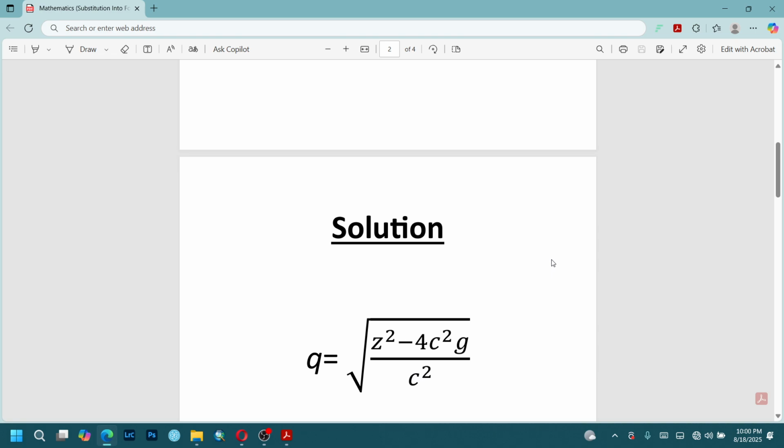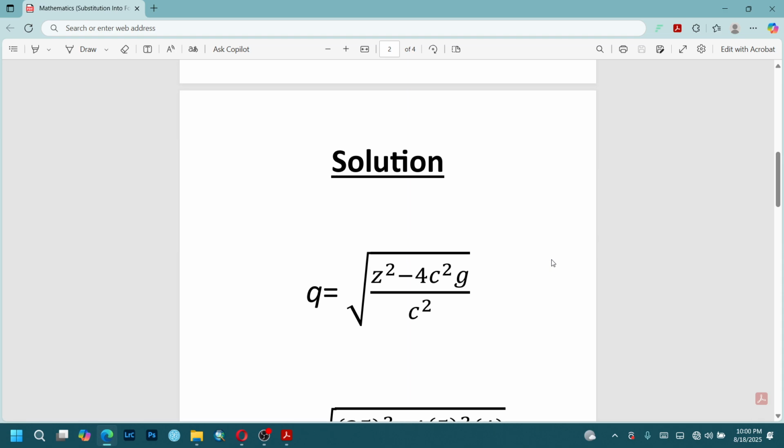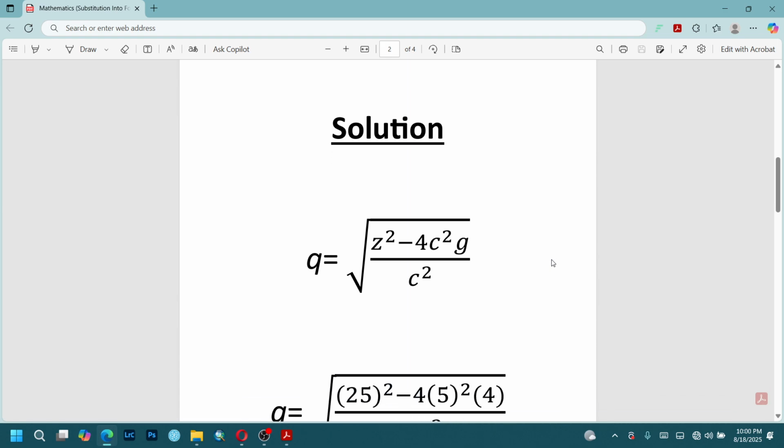So based on our solution, we are going to have our Q, which is giving us the square root of the fraction Z square minus 4C square J over C square, right?